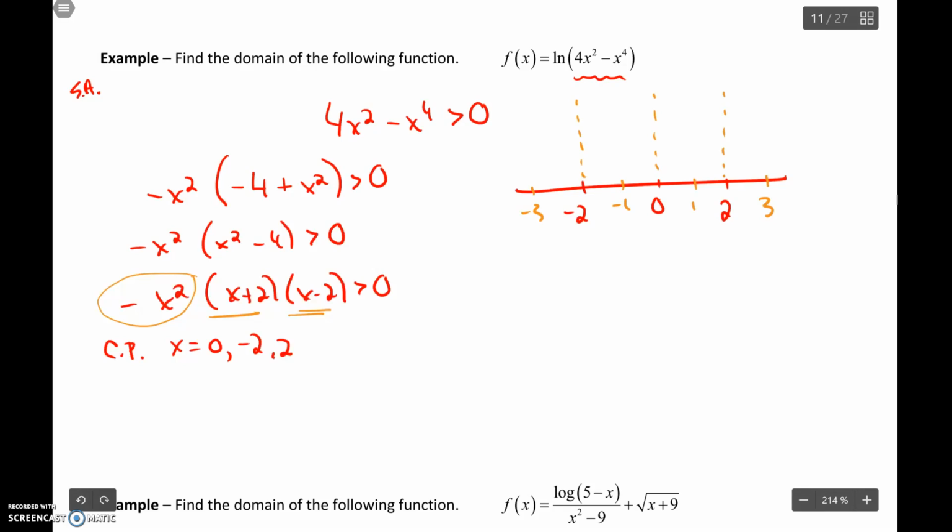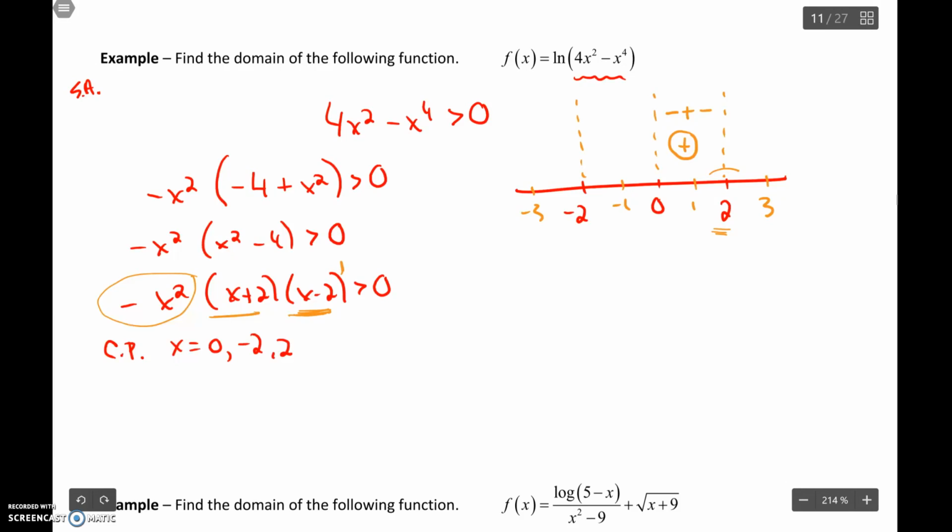If I plug a 1 in, 1 squared is 1, negative is a negative, 1 plus 2 is a positive, 1 minus 2 is a negative, 2 negatives make a positive. Now, if you want to plug in those other values, feel free to. I do like to use that shortcut and talk about multiplicities here. If I hop across this 0, that was from this factor.